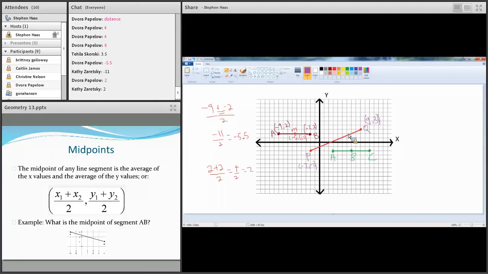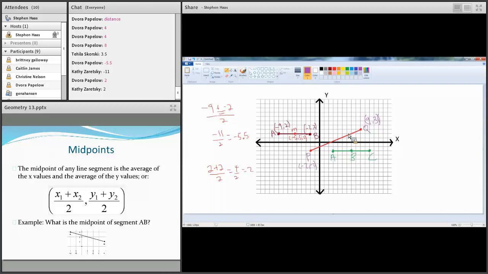Let's take one a little bit more complex, but again, nothing too difficult. Let's take this point over here and this point over here. Let's figure out what the midpoint of this line segment is. Let's take a different color so that we don't confuse ourselves.